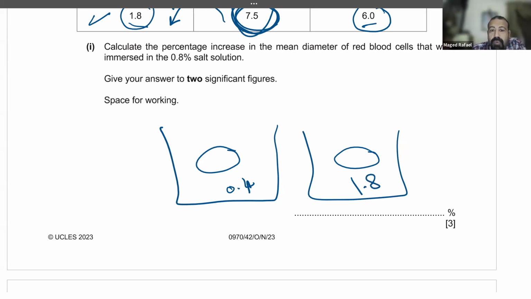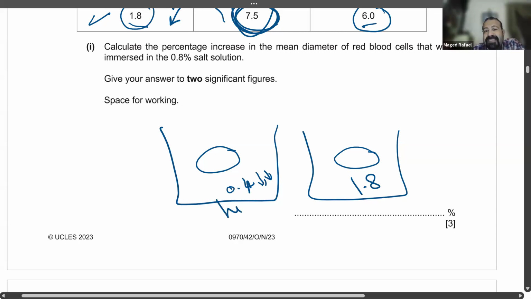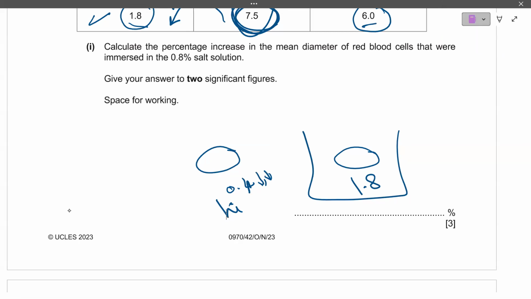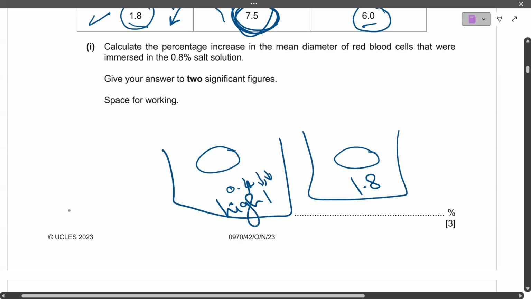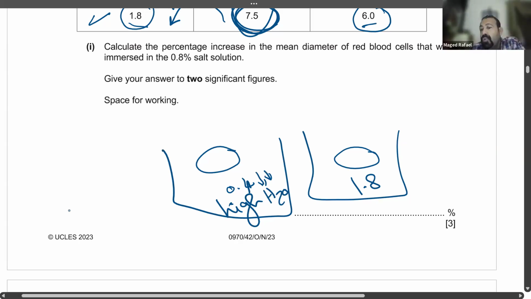So this solution has low salt. This means it has high water. Are you okay with me? Yes. Okay. High water. This solution has more salt, so it makes sense. It has low water.